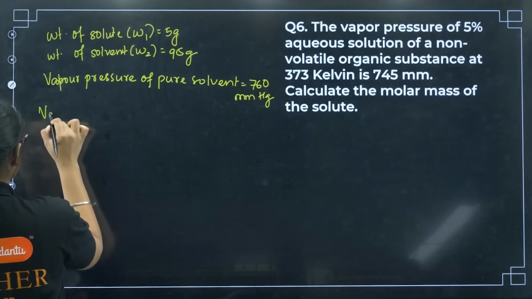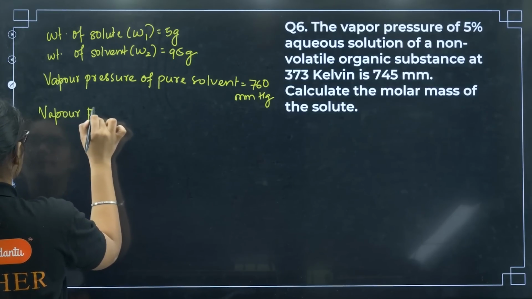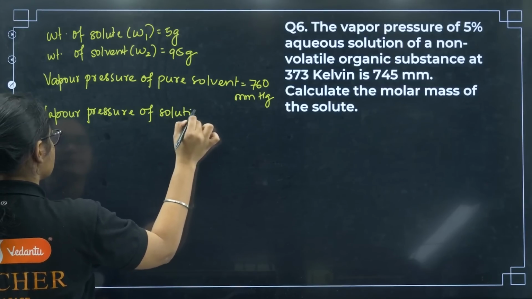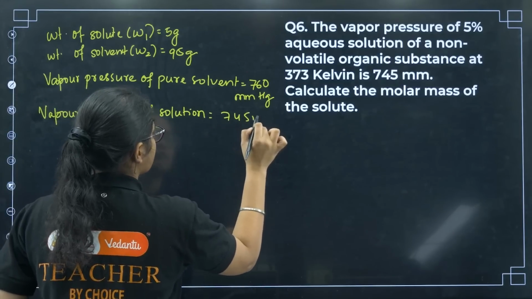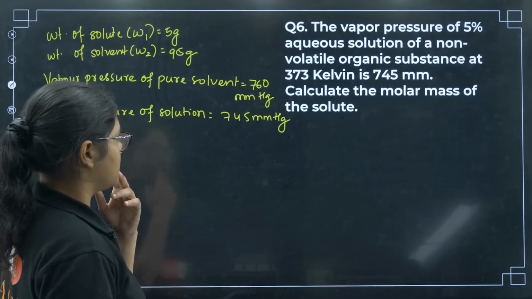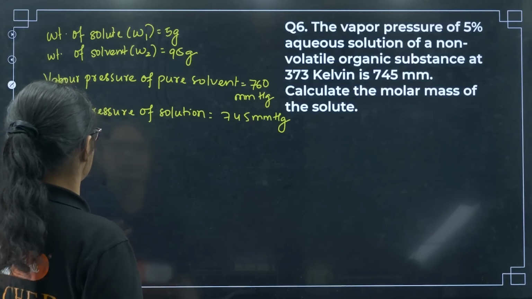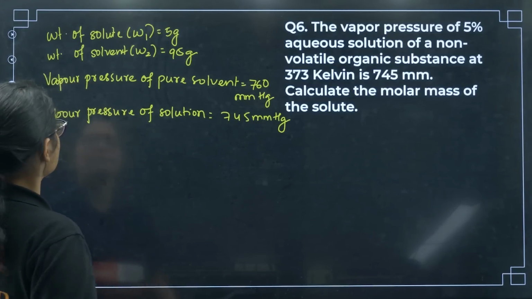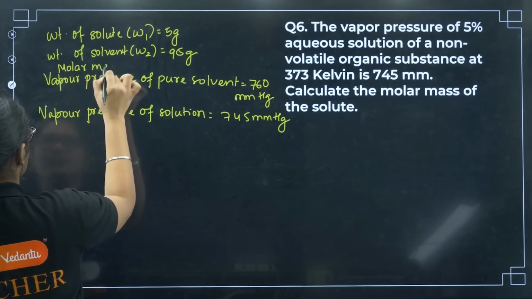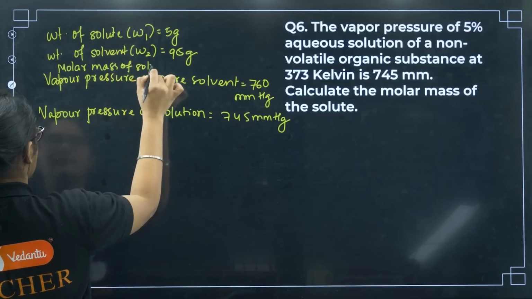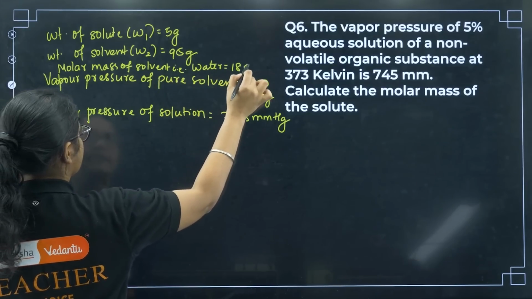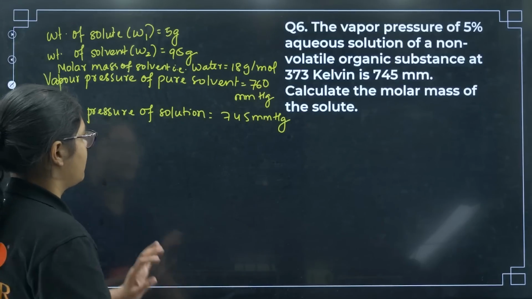Then I have vapor pressure of solution, that is equal to 745 mm Hg. Now we have to calculate the molar mass of the solute. So we can again use the same formula. Here I will use one more thing, molar mass of solvent, that is water, will be equal to 18 gram per mole. Now I have mentioned all the values.